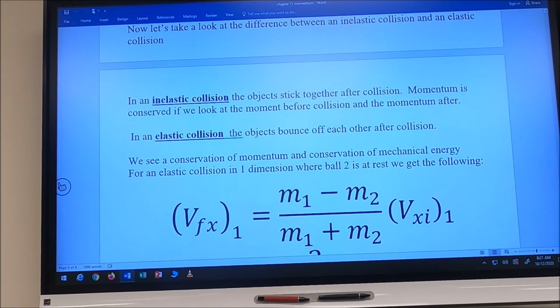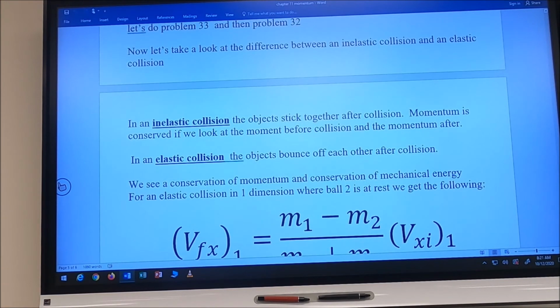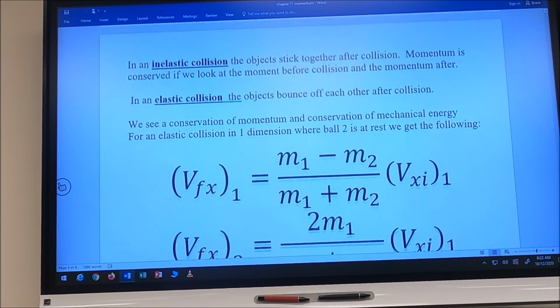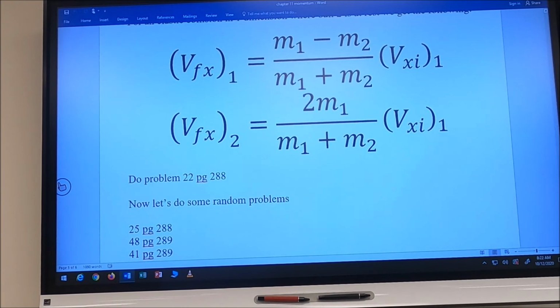It's very important when we start talking thermodynamics. For an elastic collision in one dimension, where we have 2 balls, and ball 2 is at rest before the collision, so its momentum initially is 0, we get the following.